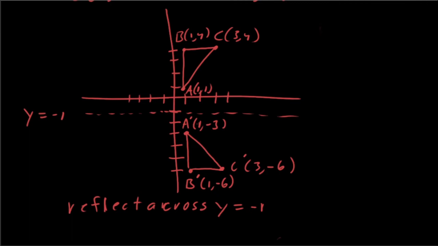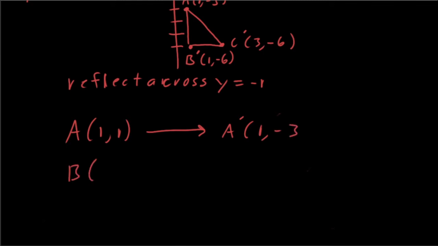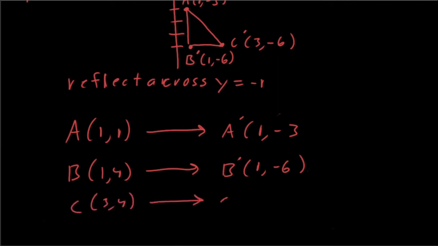Okay, so let's try to find the rule. A, 1, 1, moves to A prime, which is 1 comma negative 3. B goes from 1, 4 all the way to B prime, which is 1 comma negative 6. And C, which is 3, 4, moves to C prime, which is 3, negative 6.